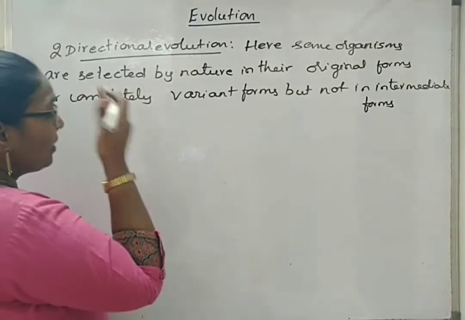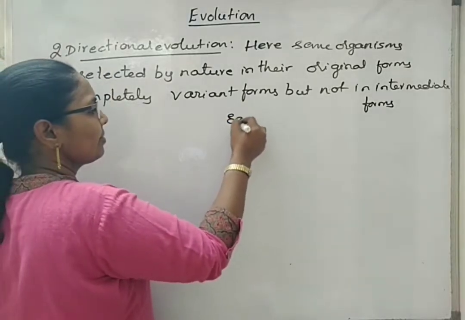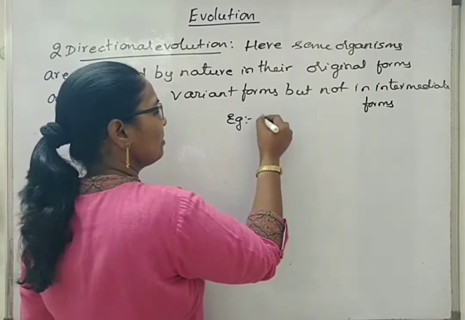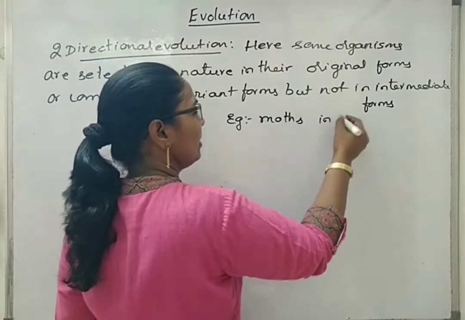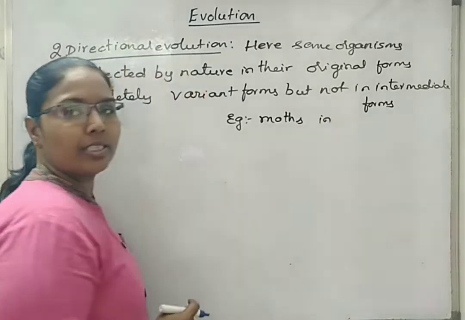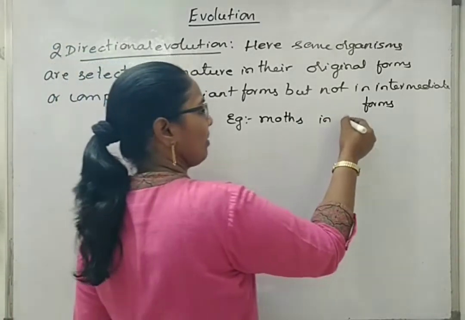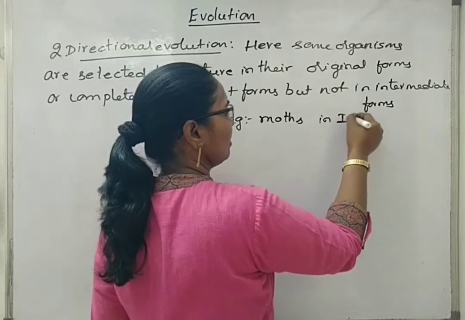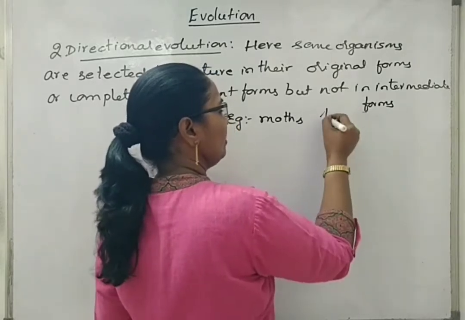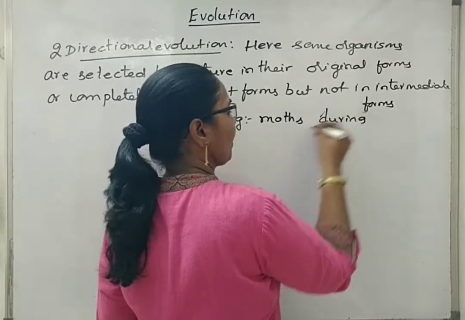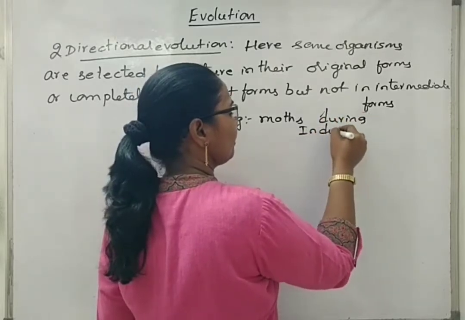Here we can take one example like moths in the industrialized Manchester area. Moths during industrial melanization.